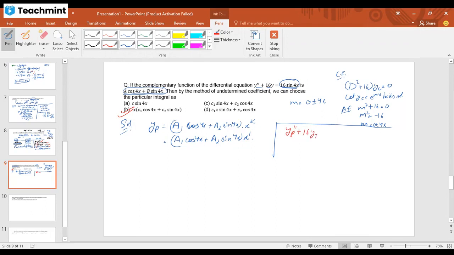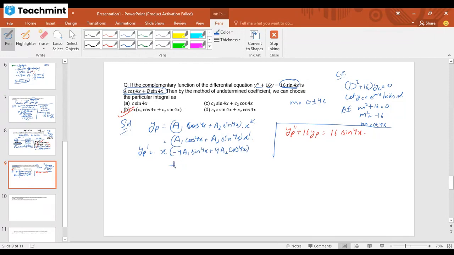It must satisfy this equation. So we need to first find its derivatives. What is yp dash? First function, derivative of second, plus second function, derivative of first.